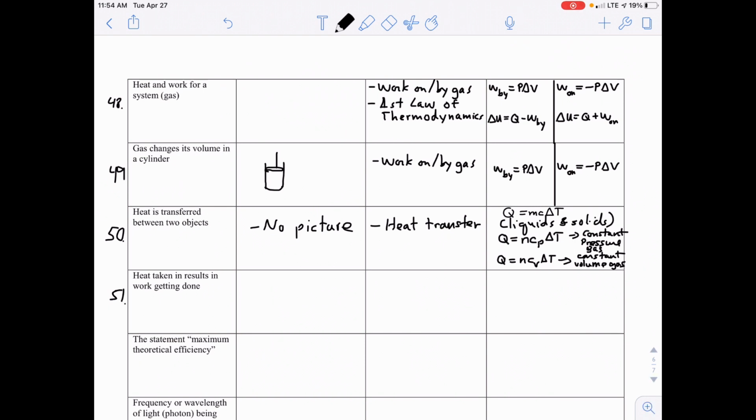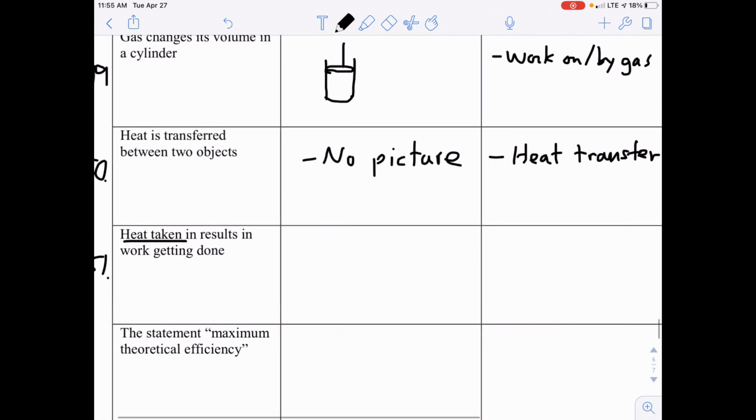In number 51, we're talking about heat taken in results in work getting done. So we're talking about work getting done as a result of heat entering a system that is a heat engine. Now, typically, the picture that's shown to represent a heat engine kind of looks like this.